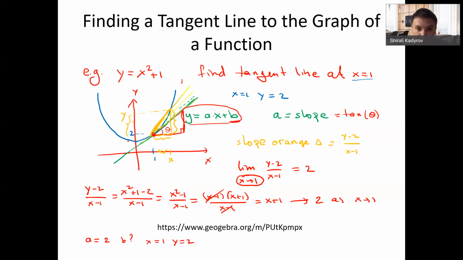So you substitute into this equation: 2 is equal to a, which is 2, times x, which is 1, plus b, from which we get b is equal to 0. So, long story short, the tangent line we got is y equals 2x. In fact, it looks like it's going to pass through the origin, because at x equals 0, y equals 0.